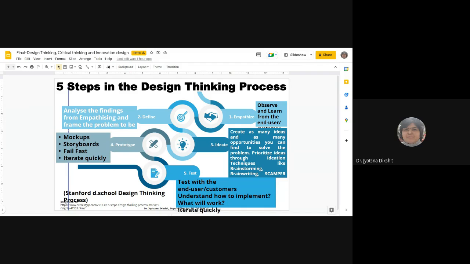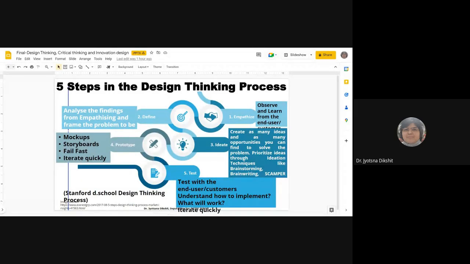Once we empathize, we define the problem. After defining the problem, through various ideation techniques like brainstorming, brainwriting, SCAMPER, ideas are generated. Prototypes are developed. They could be in the form of proof of concept or storyboards, and it could be a paper and pen image also.